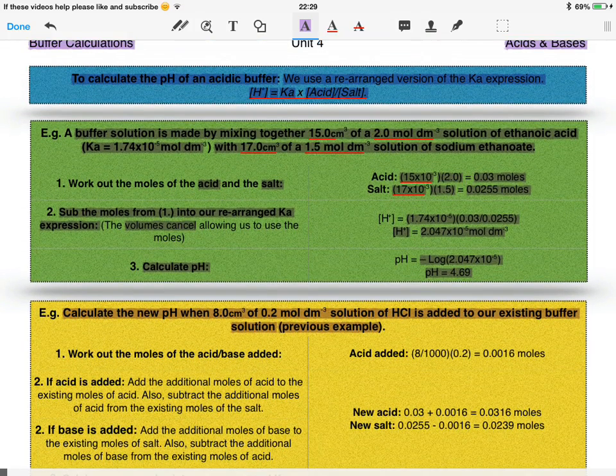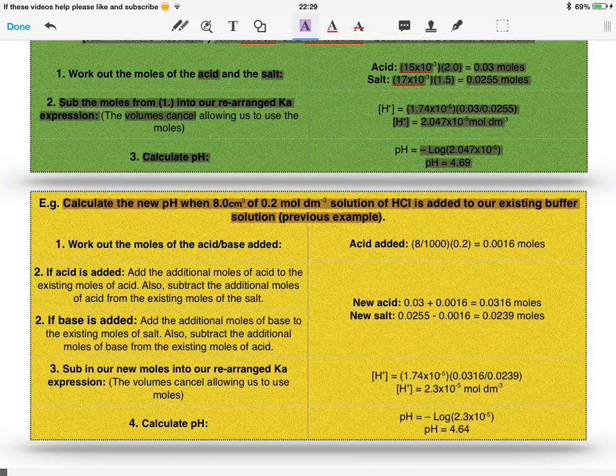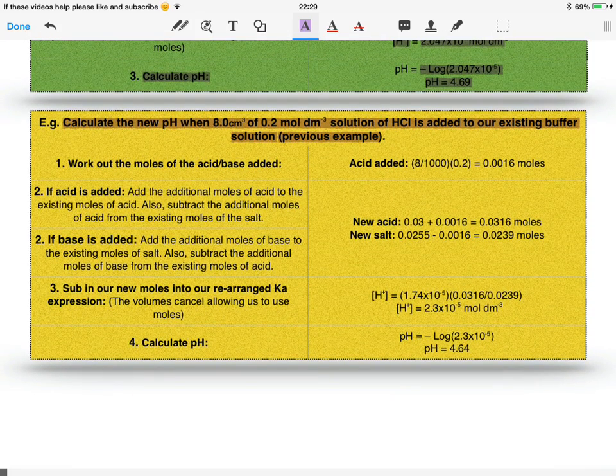Make sure you take a note of your initial moles of acid and salt, because you're going to need them. The first step is to work out the moles of the acid or base which is added.